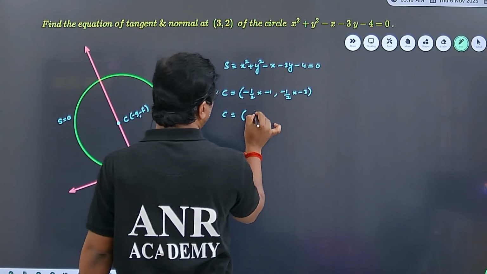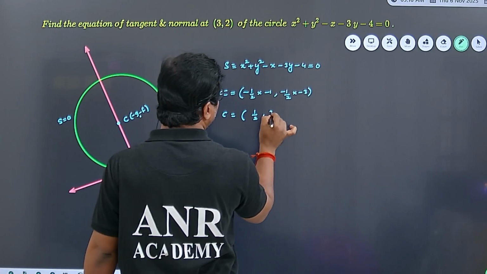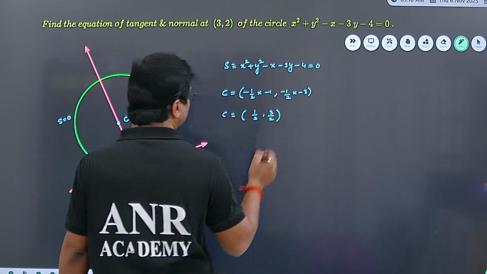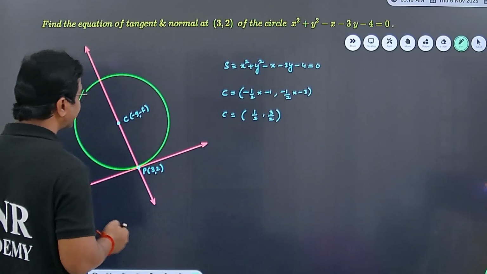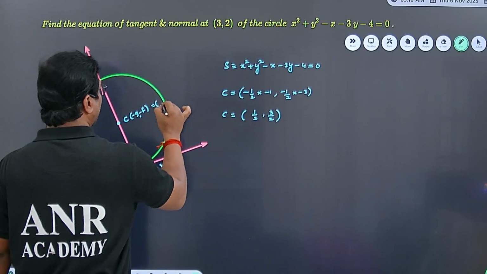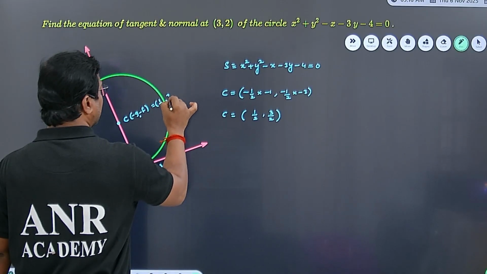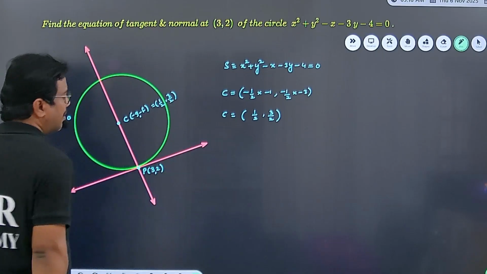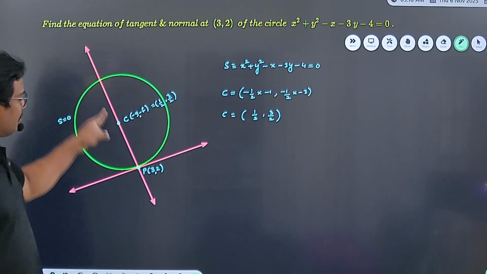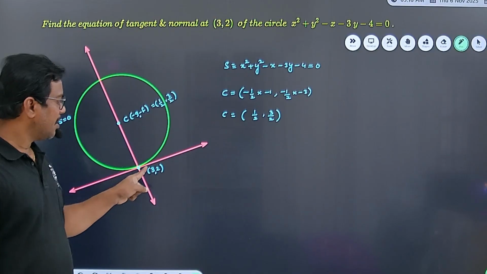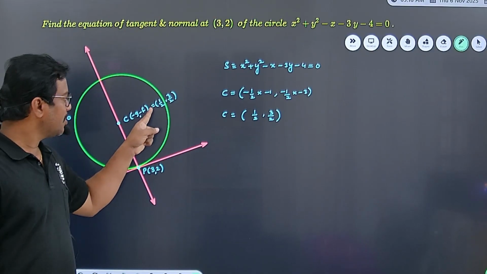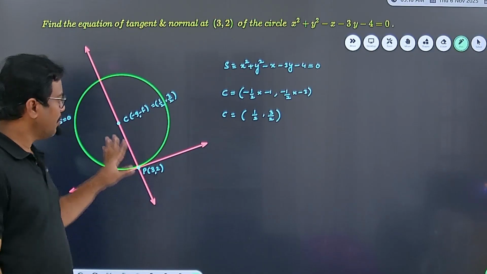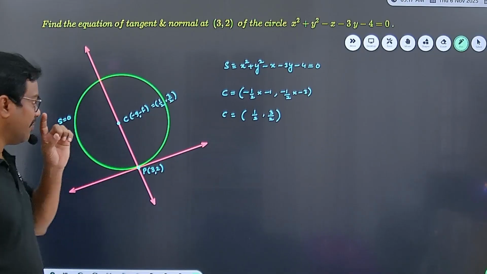That is center 1 by 2 comma 3 by 2. Normal passing through 2 points P and C. P coordinates 3, 2, C coordinates 1 by 2, 3 by 2. You can find by 2-point form.